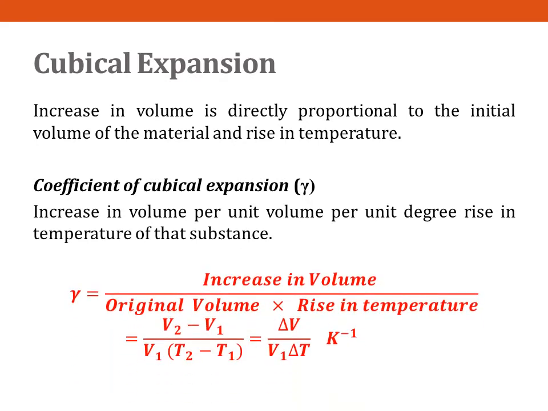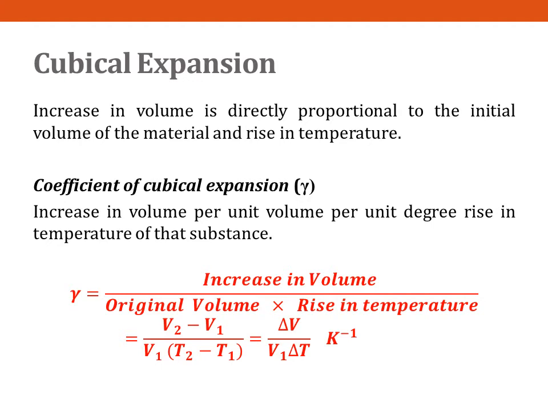Mathematically, we write gamma as the ratio between the increase in volume to the original volume and the rise in temperature. The increase in volume is given by V2 minus V1, where V1 is the volume before thermal expansion occurs and V2 is the volume after thermal expansion occurs.